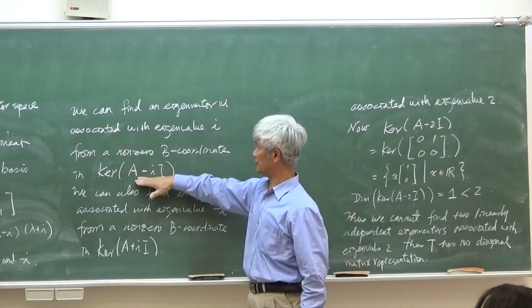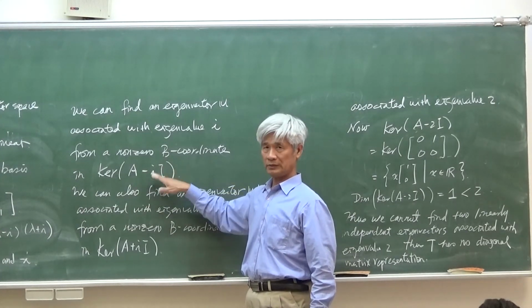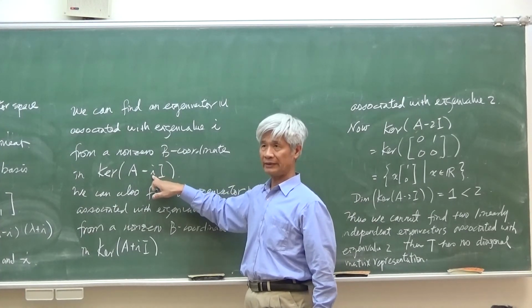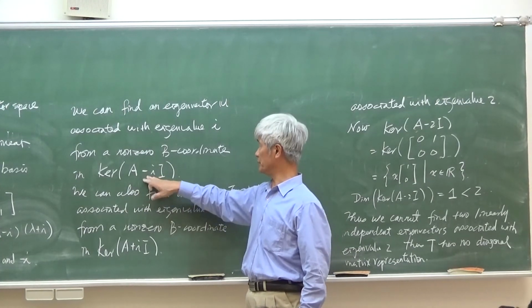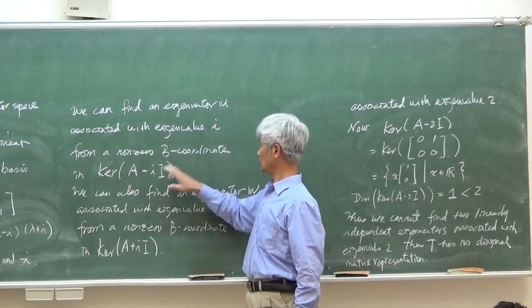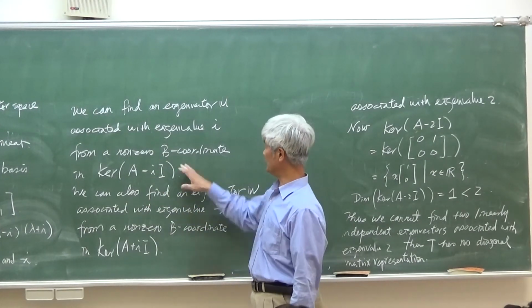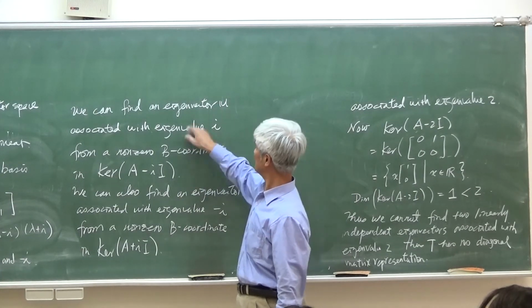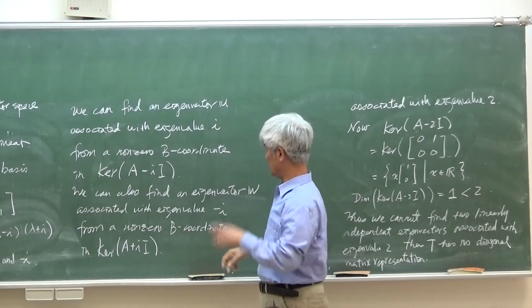First of all you have to solve for the kernel. Since i is already known to be an eigenvalue, the kernel should be non-trivial, so you can always find a non-zero vector, and you can find the eigenvector here, and also here.